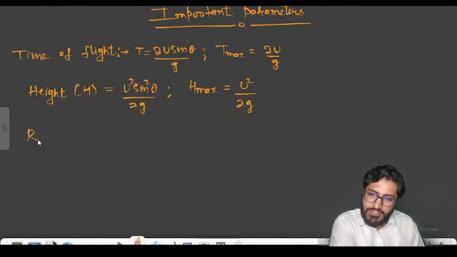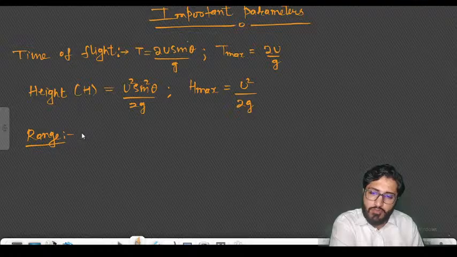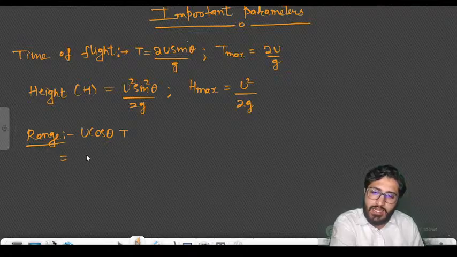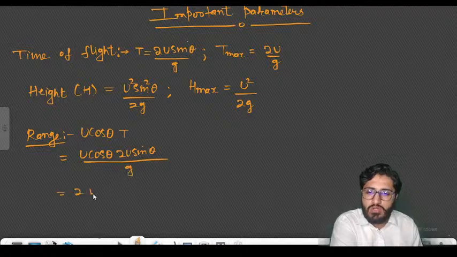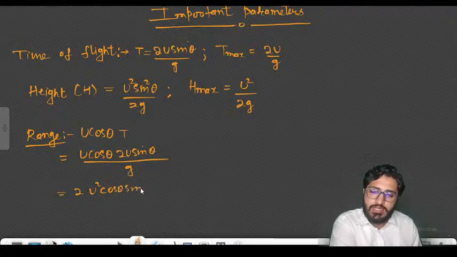What is my range? Horizontal range. It would be speed into time. Speed is u cos theta multiplied with t. So look here, I can write u cos theta into t. What is t? T is 2u sine theta by g. So here I can write 2 u square cos theta sine theta by g.